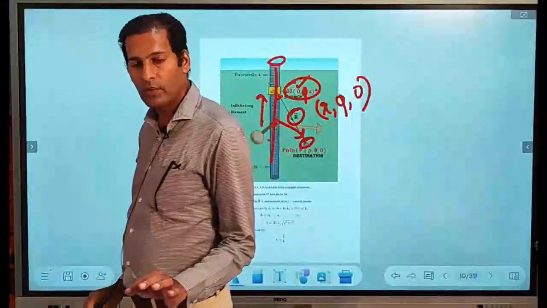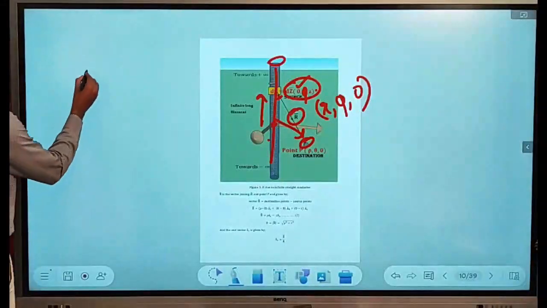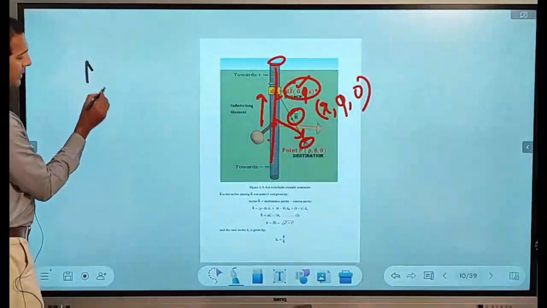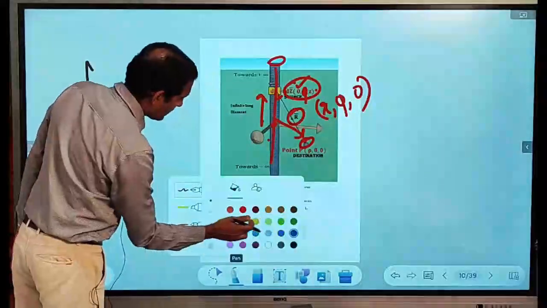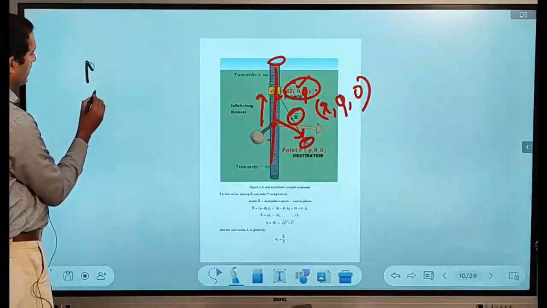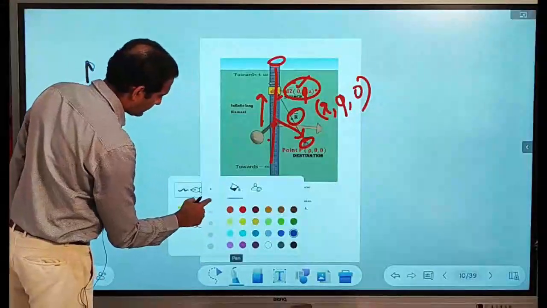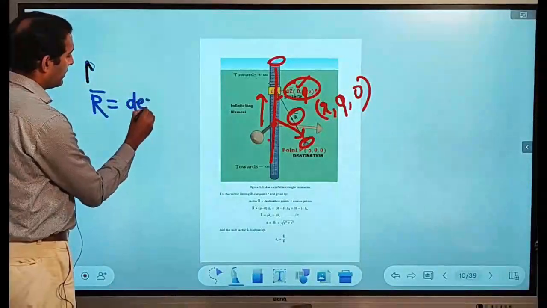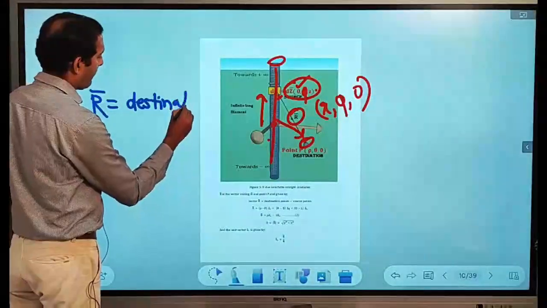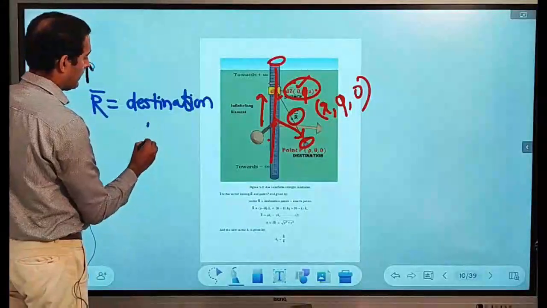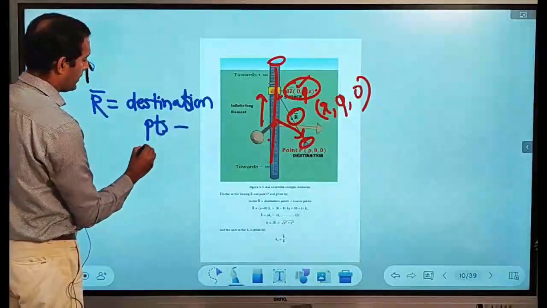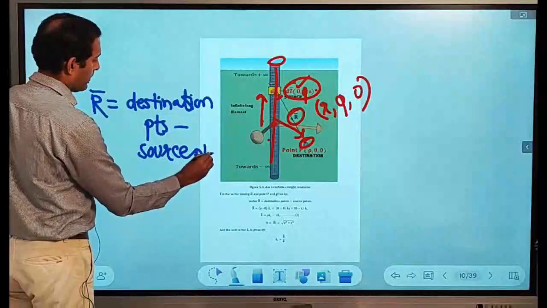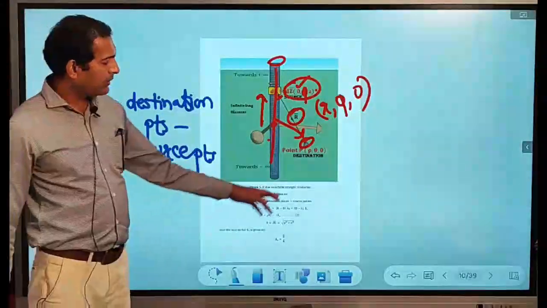Very simple formula to calculate the position vector that we have to remember is, r bar in any case is nothing but destination points minus source point.